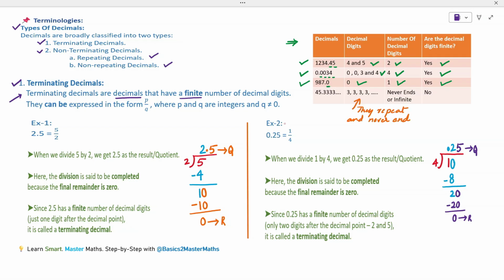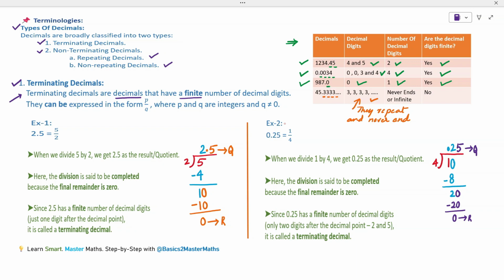Observe the last example. In 45.3333, the decimal digits are 3, 3, 3, 3. They repeat and never end.